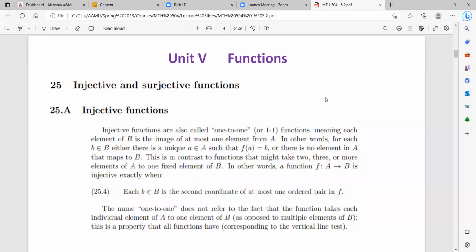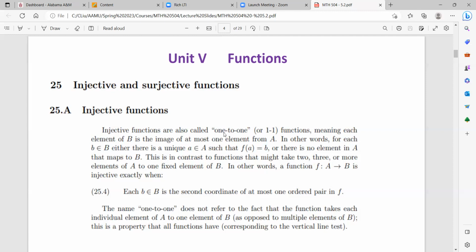Okay, so the term one-to-one means each element of B is the image of at most one element from A. It's not referring to the fact that the function takes each individual element of A to one element of B. That's the basic requirement for the definition of a function.